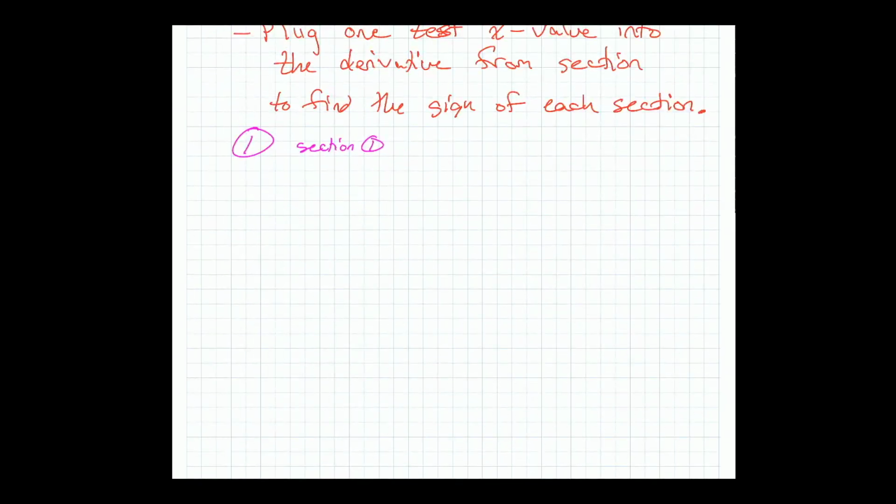I could use x equals -10, for example. That would be fine. And you plug that into t prime, not t. This is different than what we did in the previous section where you were plugging into the original function. So I need t prime of -10.